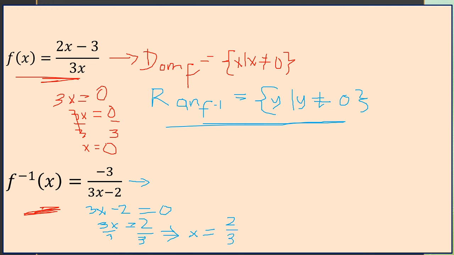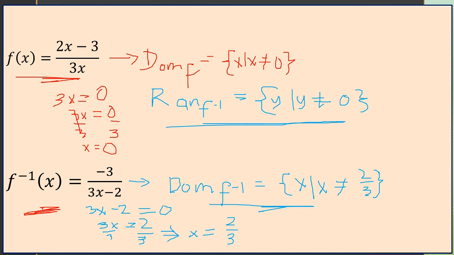So meaning to say, the domain of our inverse is equal to x such that x is not equal to 2 over 3. Okay, yan na po yung domain and range natin sa inverse of a function. That ends our discussion for this week.